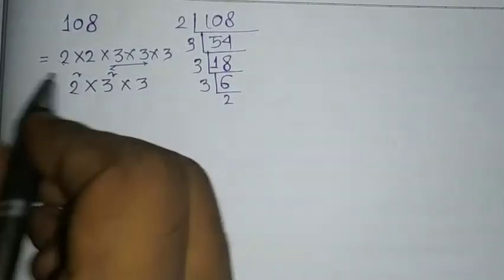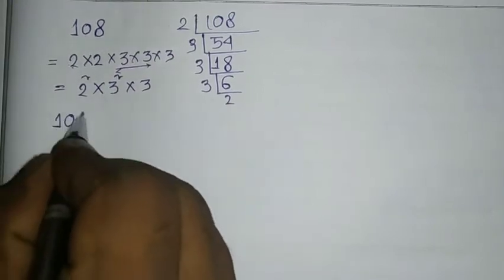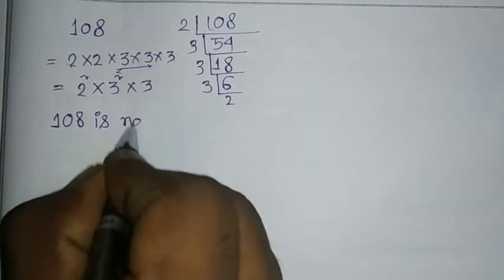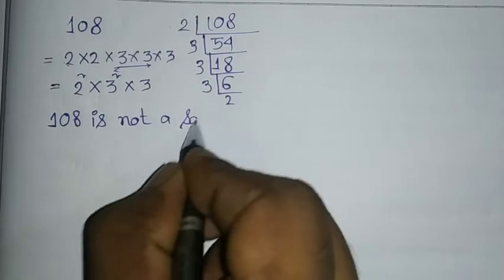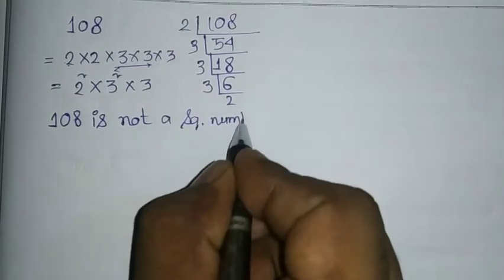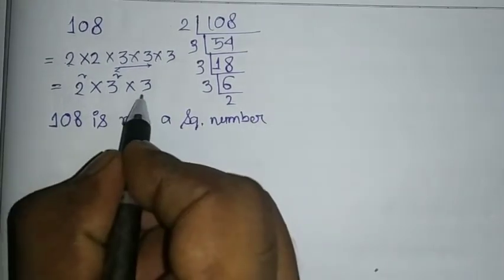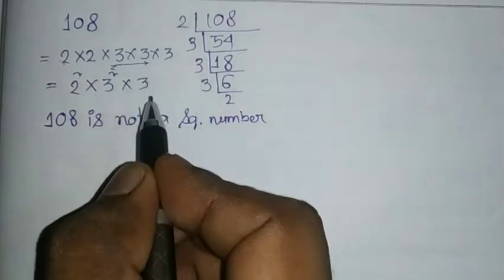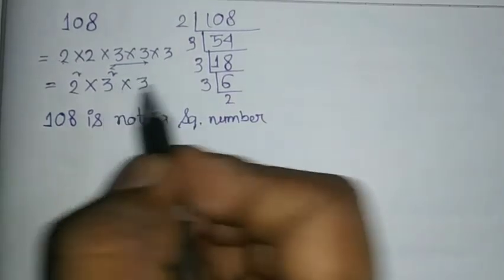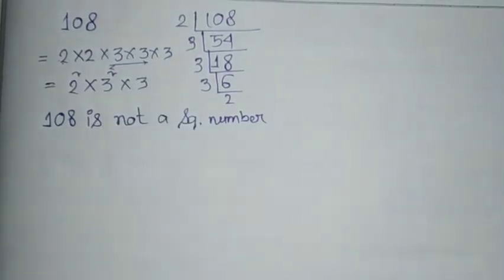That means 108 is not a square number. Understood? Because this 3 doesn't have a square in it. That means it doesn't have any pair, so it cannot be a square number. Now there are two cases. The first one is multiplication and the second one is the division case.